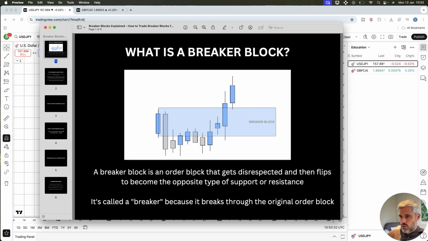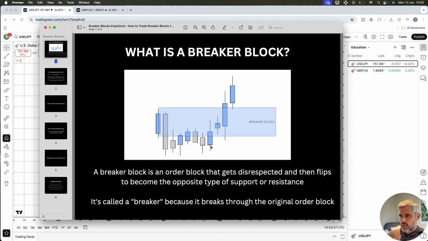So a breaker block is an order block that gets disrespected and then flips to become the opposite type of support or resistance. So in this example, you have this supply zone, what would be a supply-based order block, whereby there was a buy candle, sell through the candle. So what we'd expect to see is that price mitigates this order block to go lower.